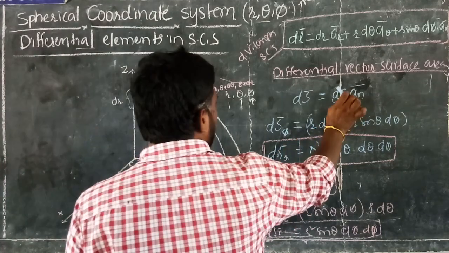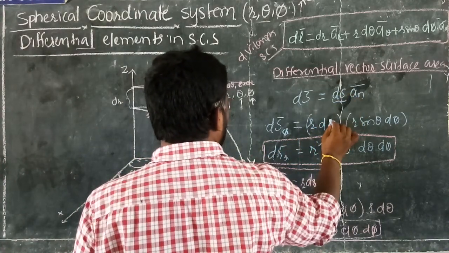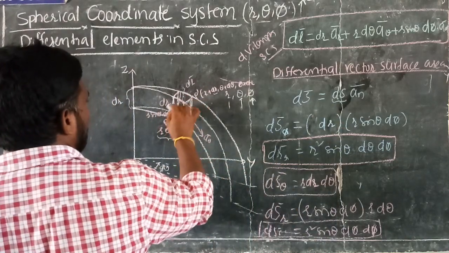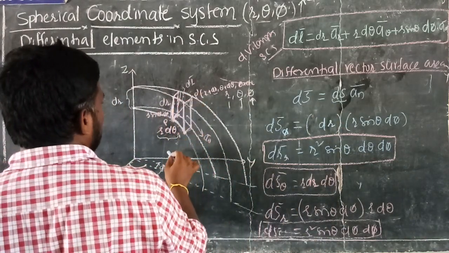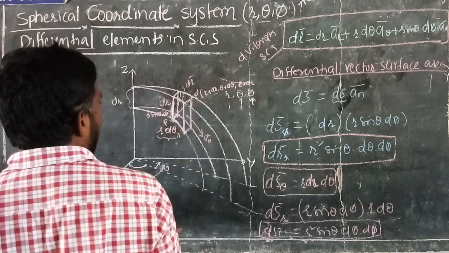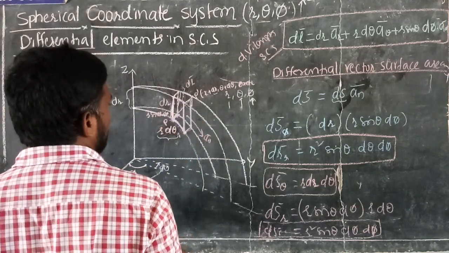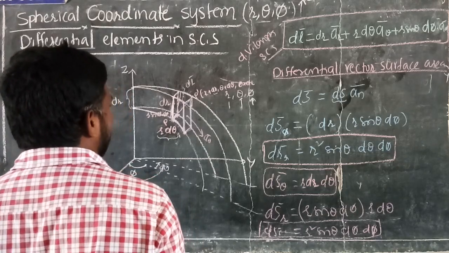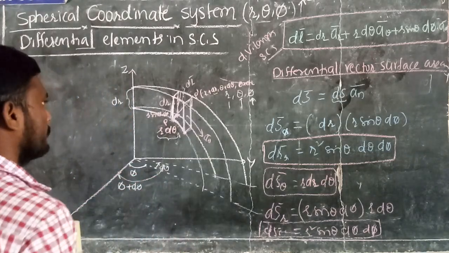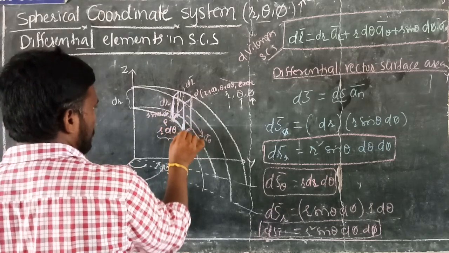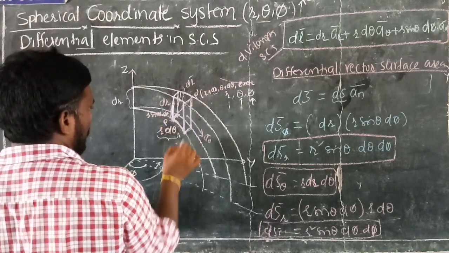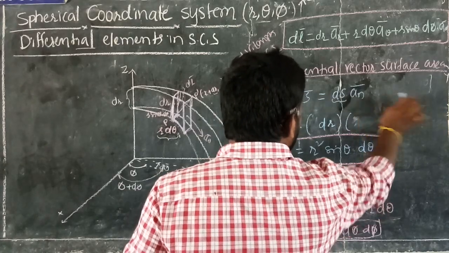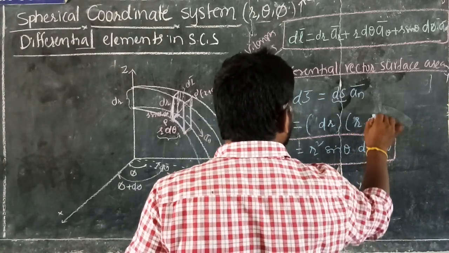It is dr, and the length is r sin theta d phi.